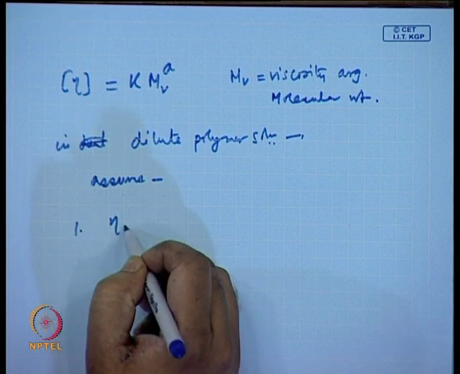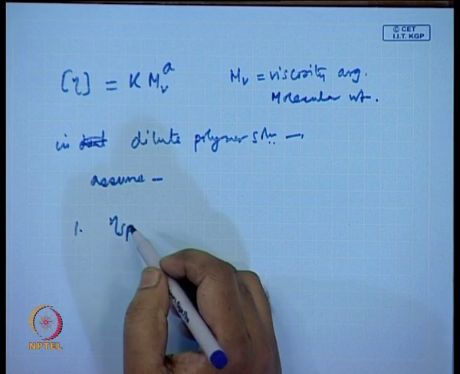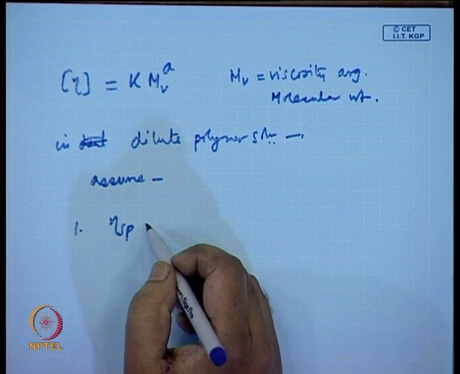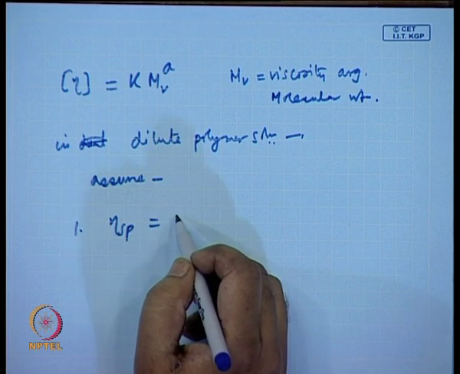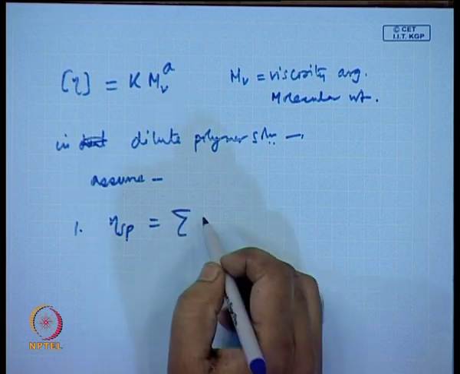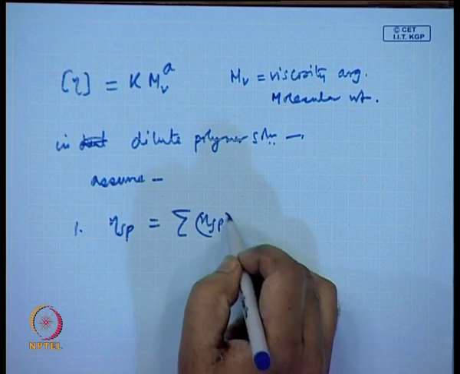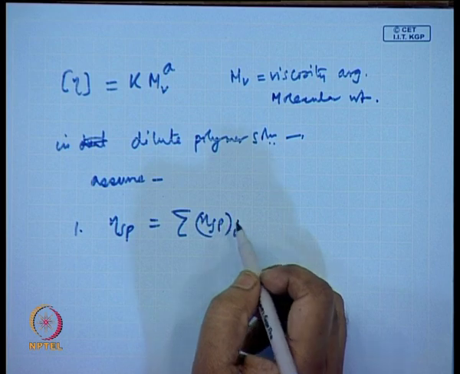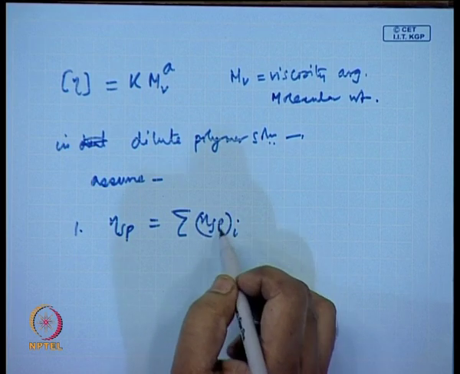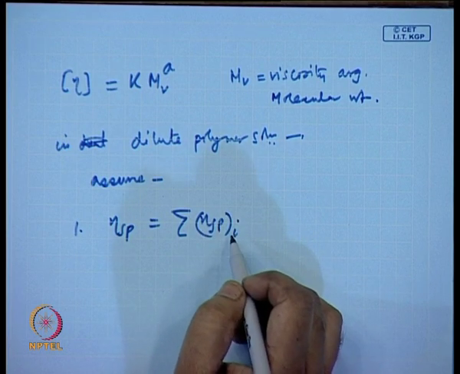One, the specific viscosity eta is given by the summation of the specific viscosity of the individual chains.